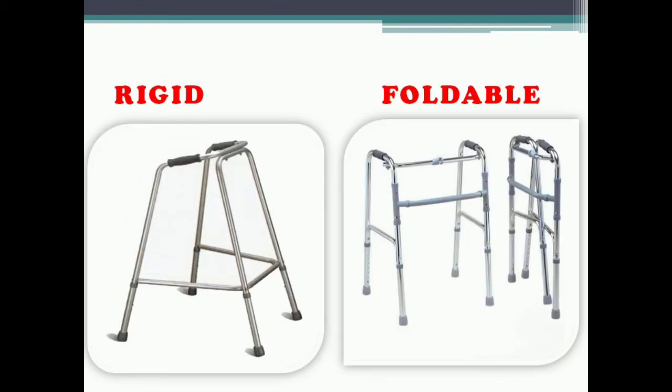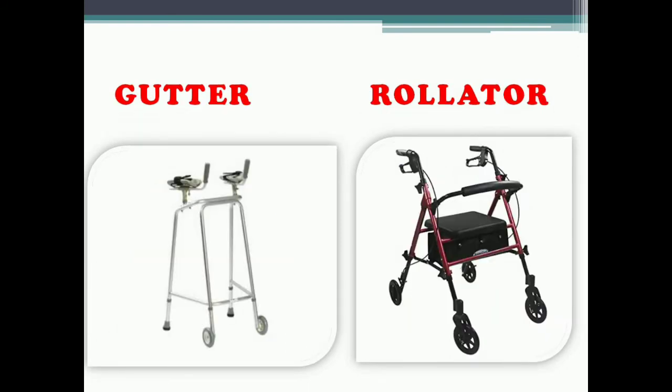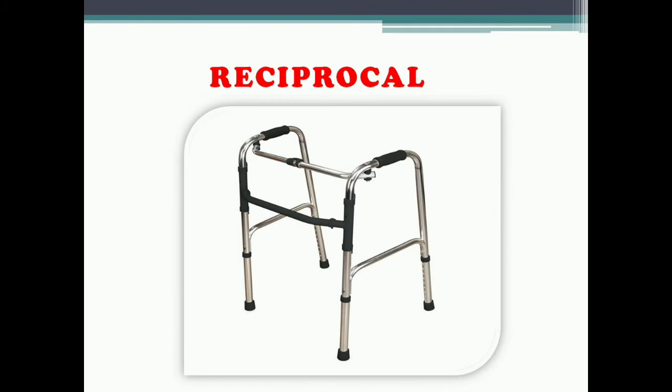You can see in this picture there is a rigid walker, foldable walker, so we can carry the foldable walker outside, gutter walker, which provides the support to our forearm, rollator, and the reciprocal. The characteristic feature of the reciprocal walker is that when the patient is walking, the frame is working with the patient.